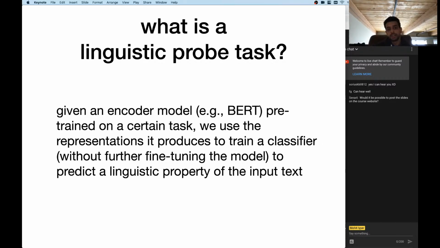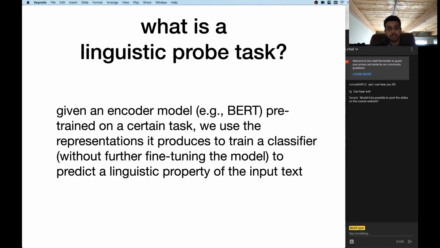So the setup here is that we have some phenomenon of interest, and we want to know whether a model that we've trained or pre-trained has understood that phenomenon, or to what extent it has understood it.